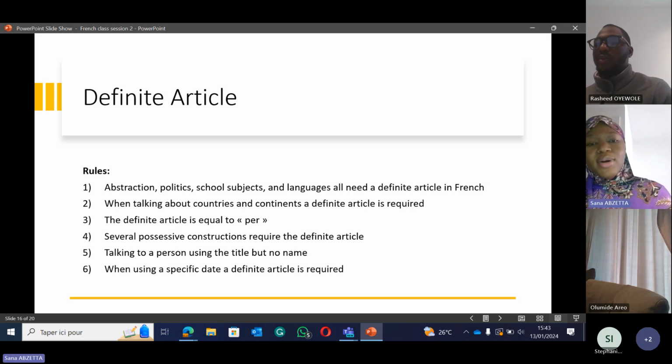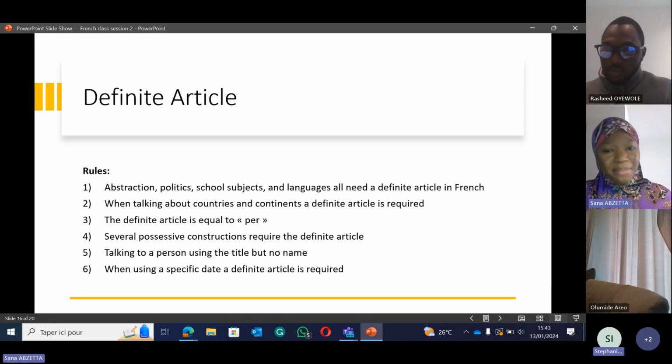Monsieur le Président or Madame la Présidente. Madame la Professeure, yes.